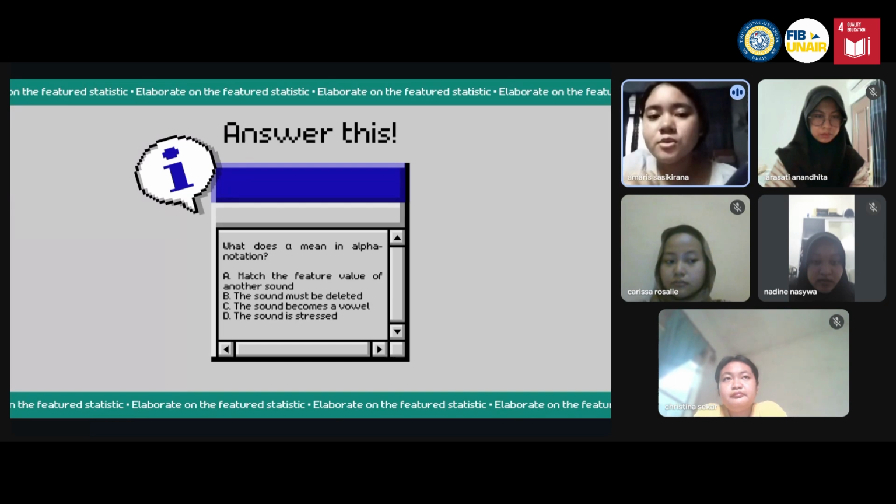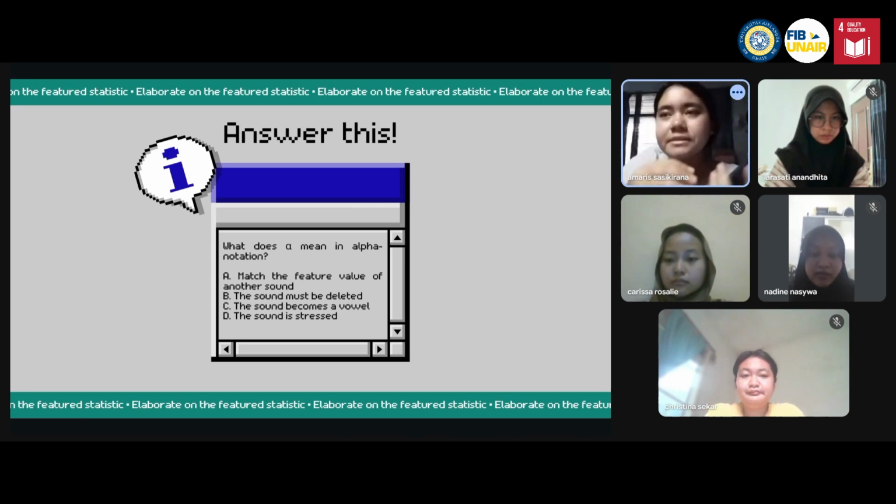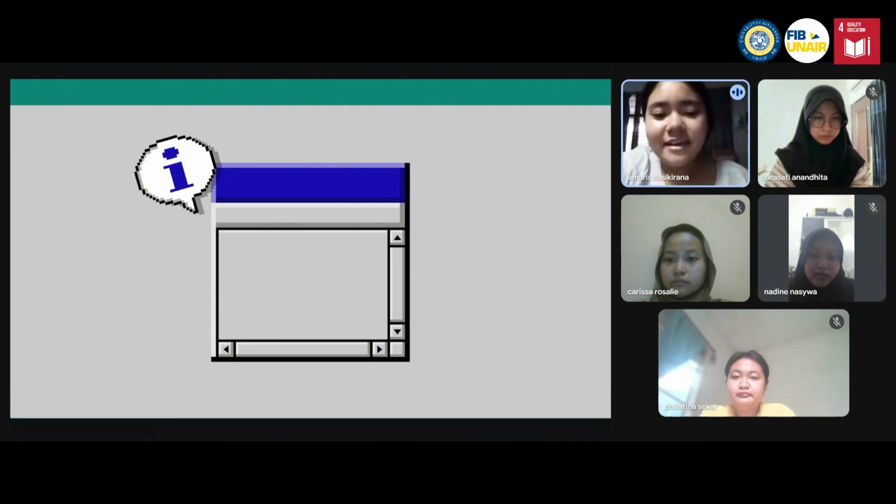We use alpha or beta to mark these features, putting alpha or beta in front of the feature. So instead of just saying anterior or coronal, you have to put the symbol alpha or beta beside the anterior or coronal.